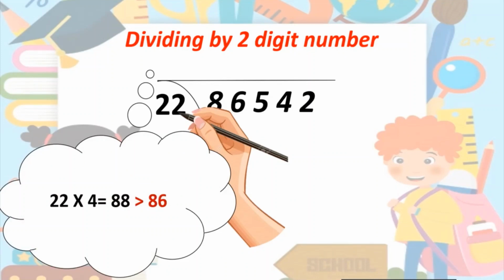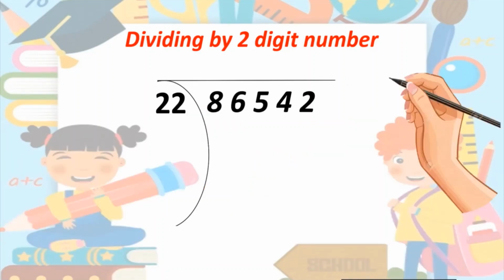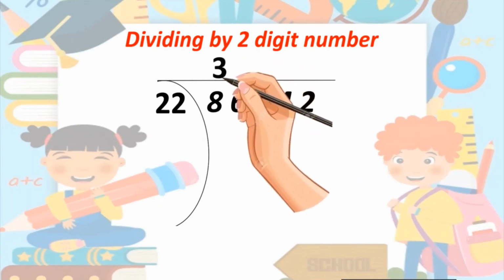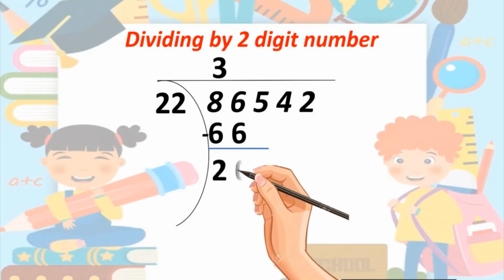So again we have to multiply with the next smaller number, that is 3. So 22 multiplied by 3 we get 66, which is less than 86. So we can write 22 multiplied by 3 is 66 and the remainder that we get is 20.